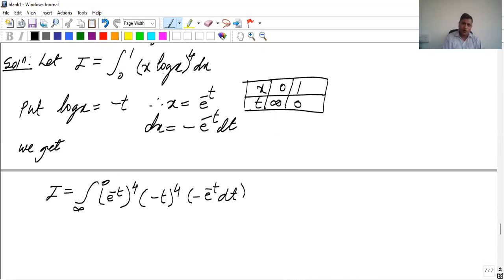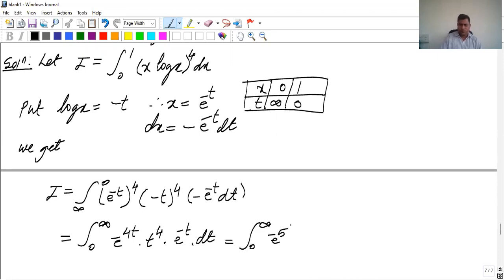We have x raised to 4 and log x raised to 4, so x is (e raised to minus t) raised to 4, and log x is (minus t) raised to 4, and this is minus e raised to minus t dt. Are you getting these terms? This minus sign can be absorbed to change the limits, and we can write the integral from 0 to infinity of e raised to minus 4t, t raised to 4, and e raised to minus t dt. Is that okay?